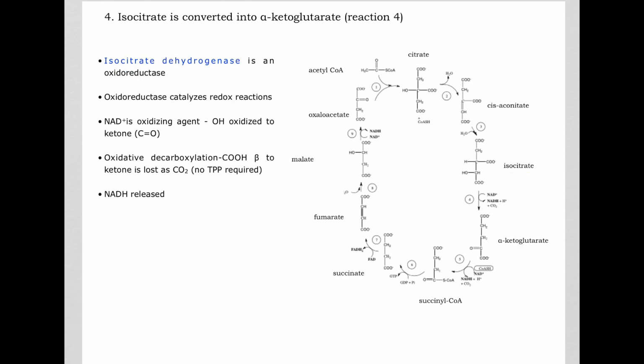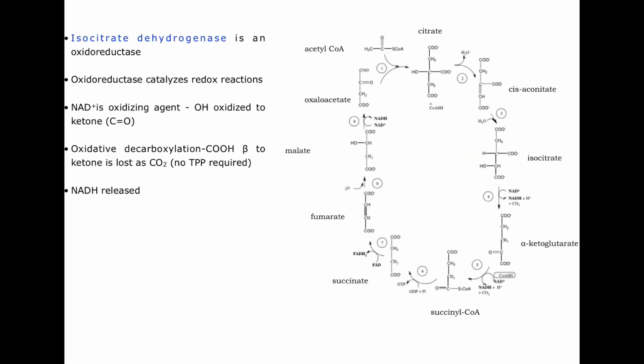The enzyme isocitrate dehydrogenase uses NAD as an oxidizing agent. You see NAD here is used as an oxidizing agent to oxidize the hydroxyl group in isocitrate into the ketone group in alpha-ketoglutarate.